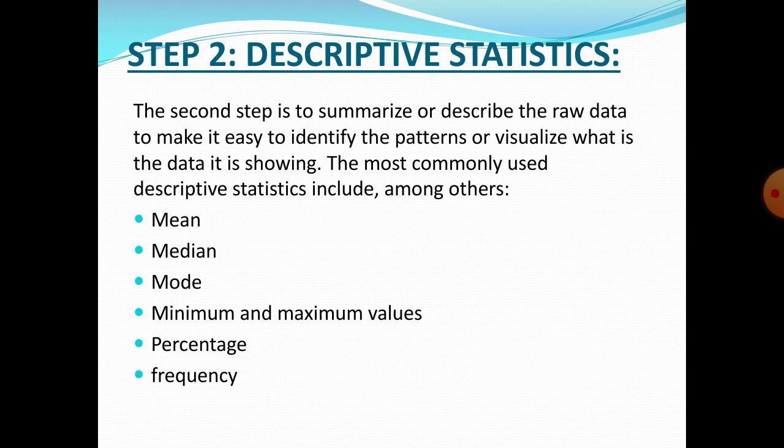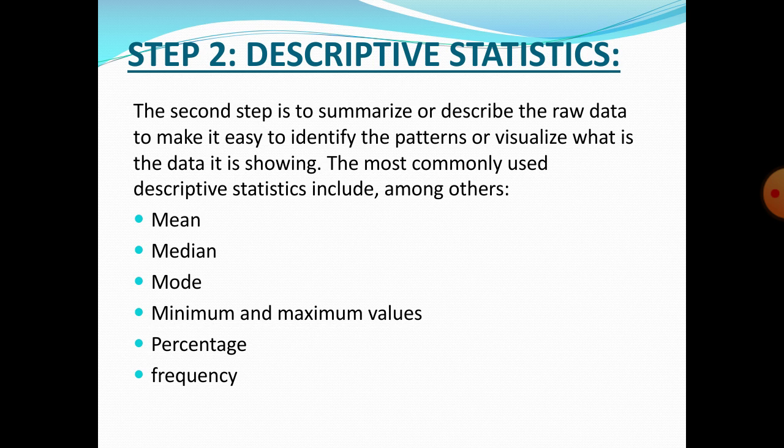Step number 2 is descriptive statistics. The second step is to summarize or describe the raw data to make it easy to identify the pattern or visualize what the data is showing. The most commonly used descriptive statistics include, among others, mean, a numerical average of the scores or values of a specific variable.